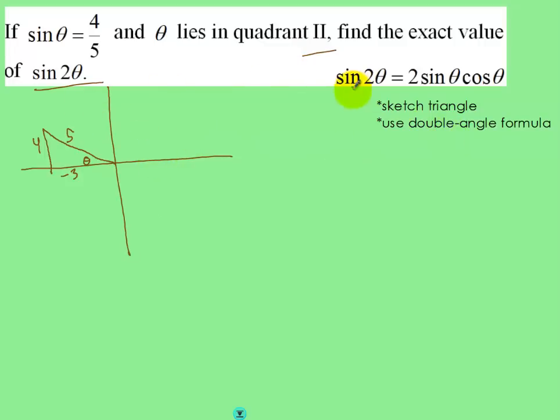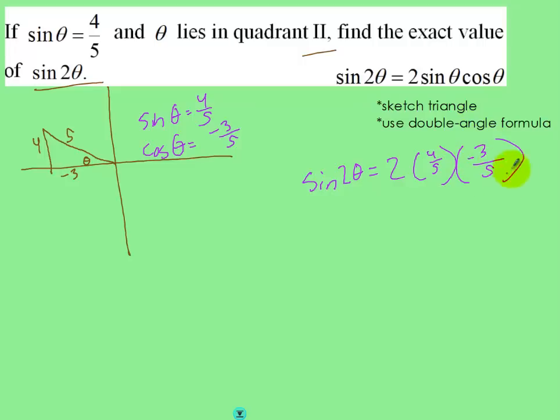So we're going to use the double angle formula. Sine of 2 theta equals 2 times sine of theta cosine of theta. We know what sine of theta equals, that equals 4/5. Cosine of theta is adjacent over hypotenuse, so negative 3/5. So sine of 2 theta equals 2 times 4/5 times negative 3/5.